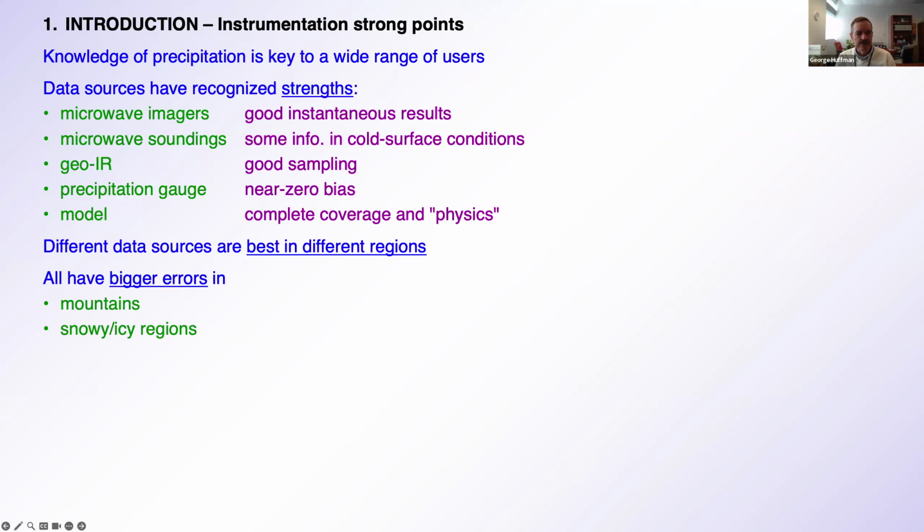The GEO IR has really great sampling, but these are the strengths. Gauges, near zero bias, and models have the allure of complete coverage in physics. They're best in different regions, and practically all of these have bigger errors when you get in mountains and snowy and icy regions.